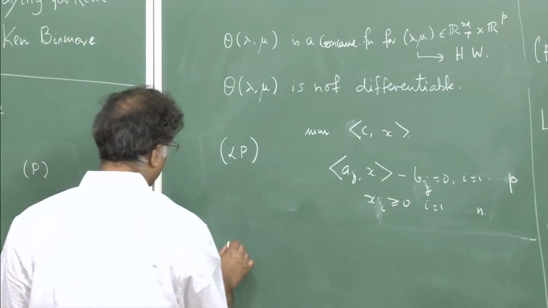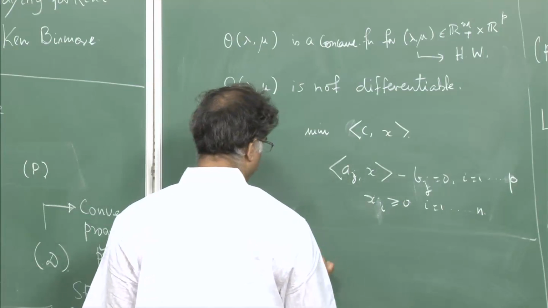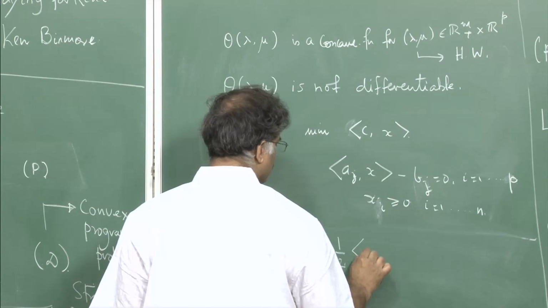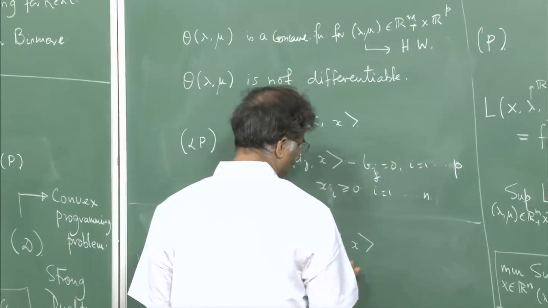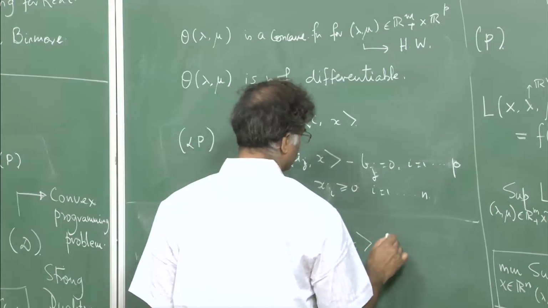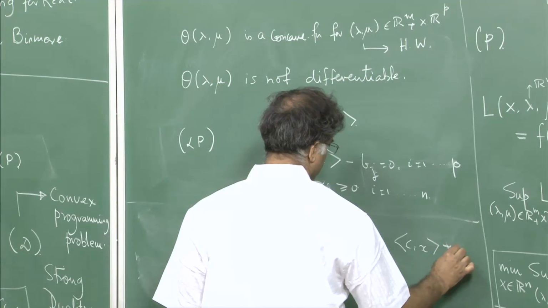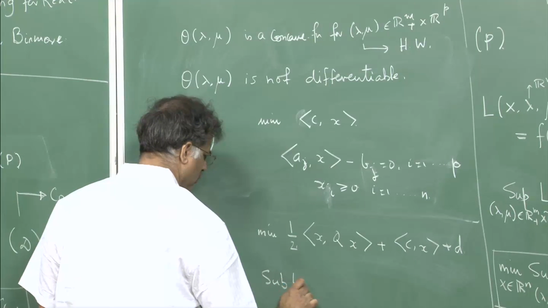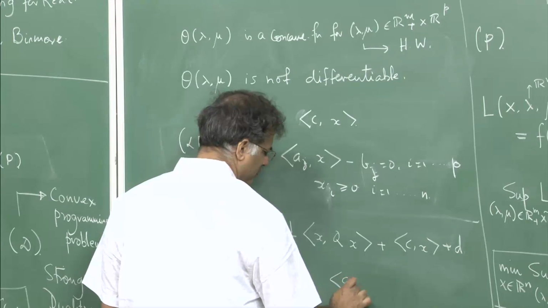the dual problem? The next problem is a quadratic programming problem, where I replace the linear function by a quadratic function with a Hessian matrix Q, which is positive semi definite, subject to the same constraints.